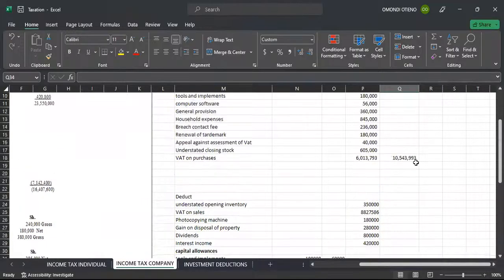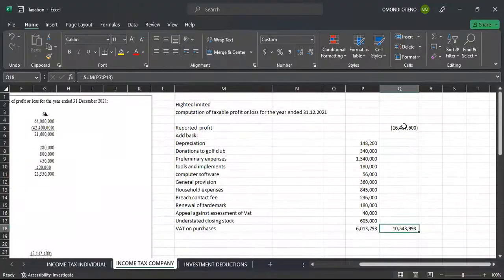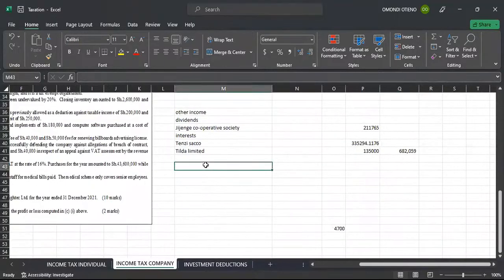Then you come up here. This one here was what you are adding back. Then you adjust with the reported profit. So what are we going to have as the net value? So what you are going to have down here will be the taxable. What are you going to have here as the taxable income?